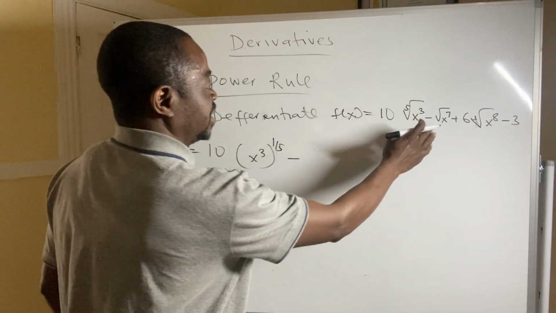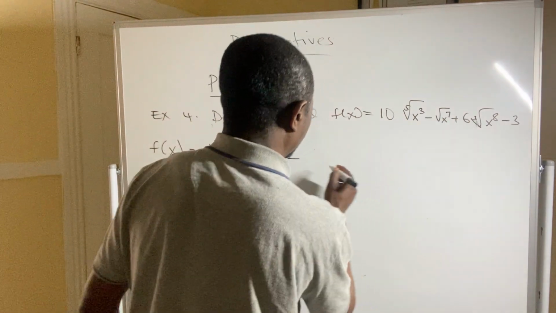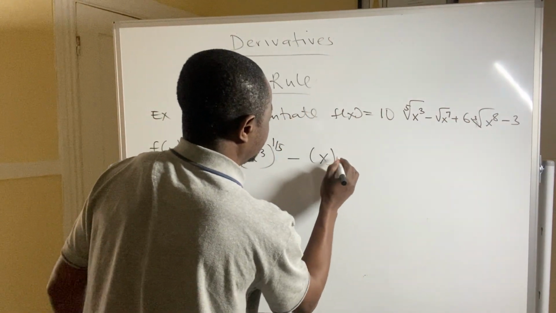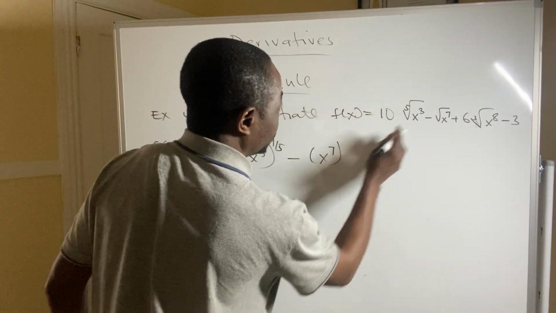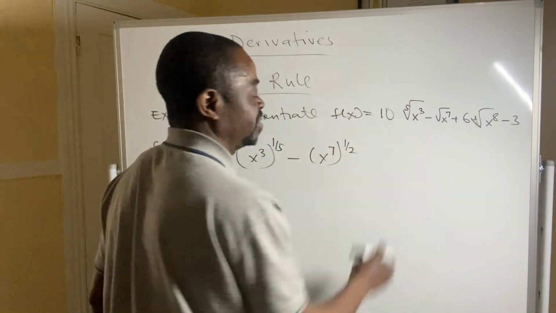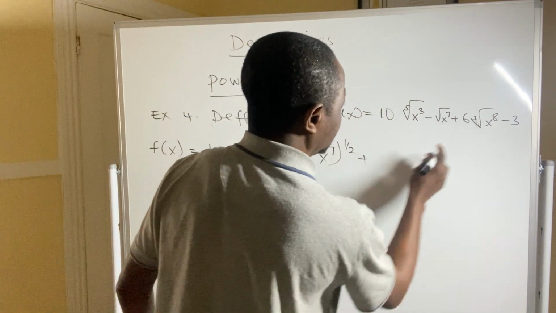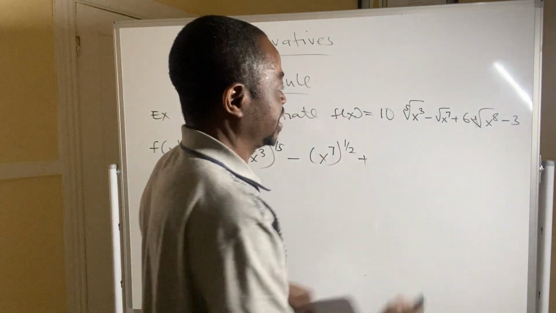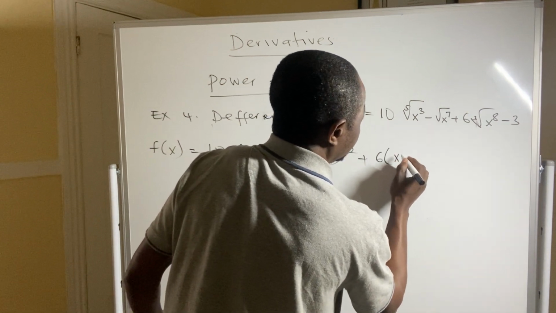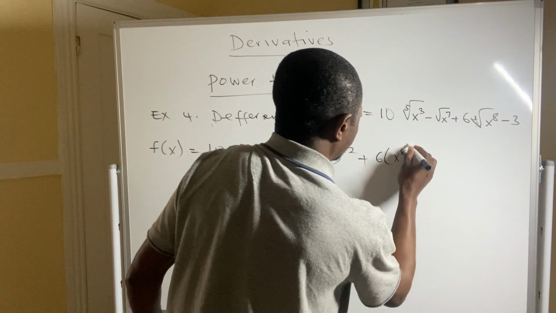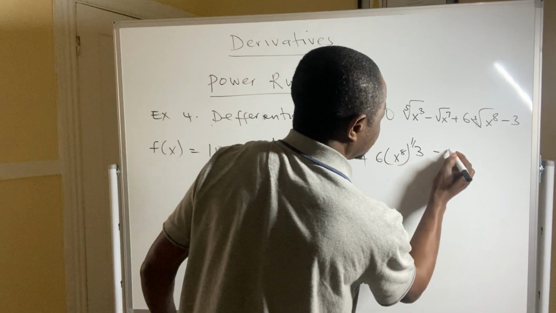Then minus the square root of x raised to the power 7, so you can write it as x to the power 7 raised to the power half. Square root is the same thing as half. Then plus 6 into brackets, x to the power 8 raised to the power 1/3, cube root is the same thing as 1/3, minus 3.